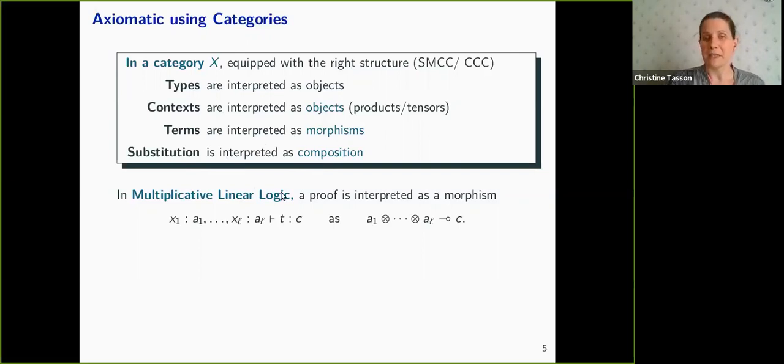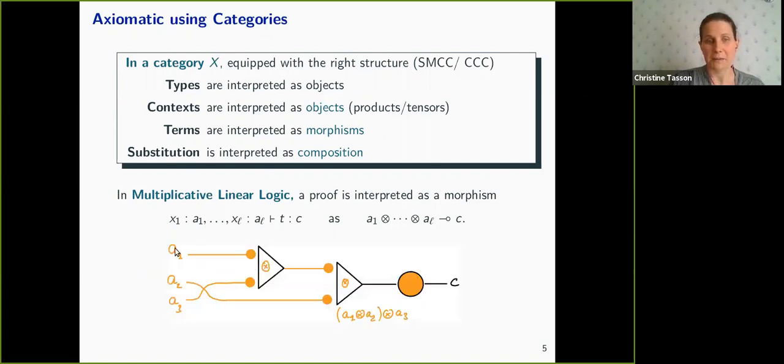So for multiplicative linear logic, a term will be interpreted as a morphism from the tensor product of the linear types A1 to An. Graphically, I have my linear types A1, A2, A3. I gather them using the tensor product.